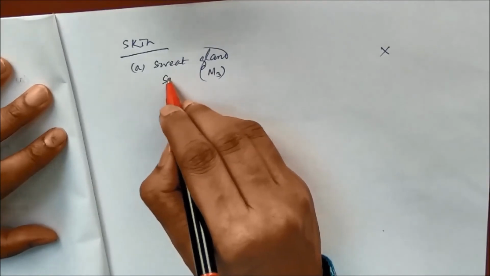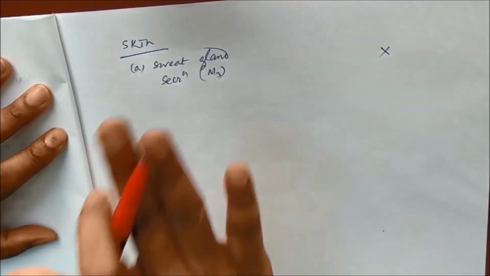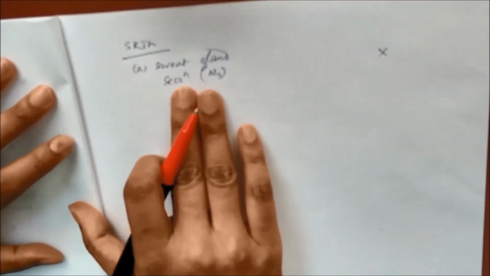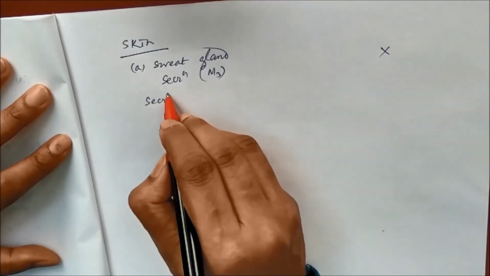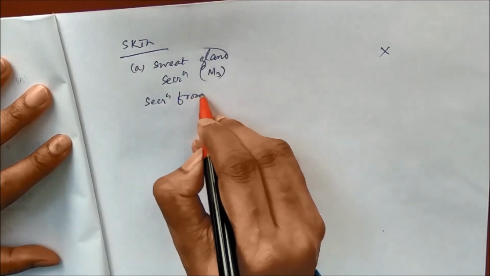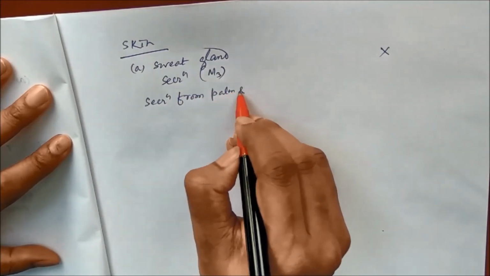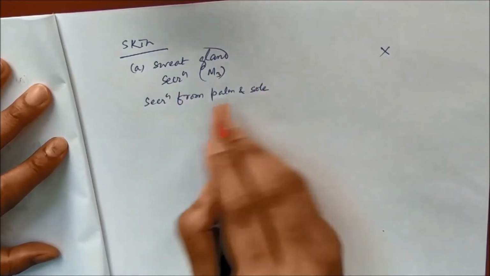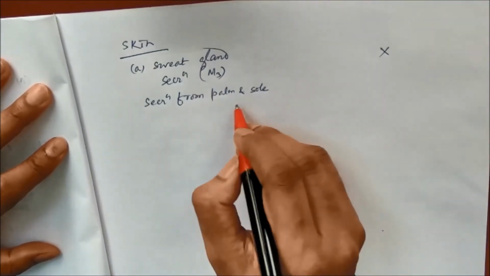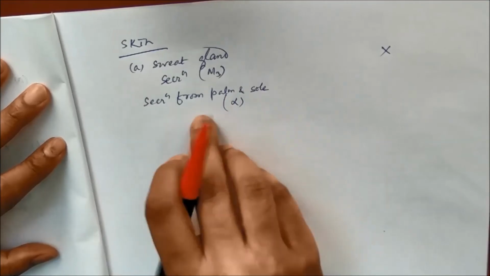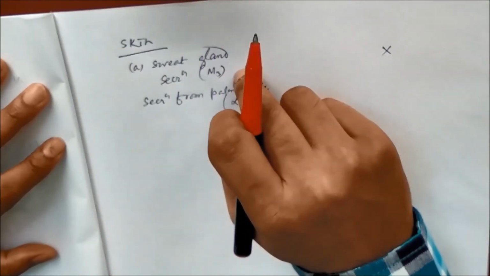And again there is an exception, secretion from palm and sole, not occurring in all individuals, in few, that is alpha receptor involved. Otherwise it is mostly M3 receptor involved.